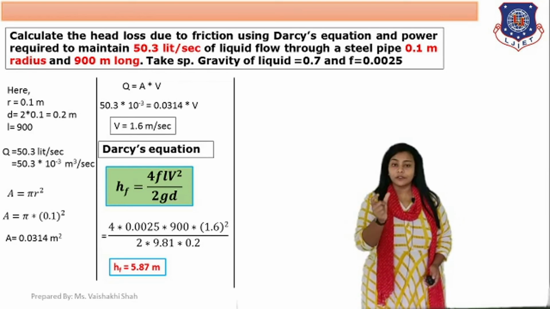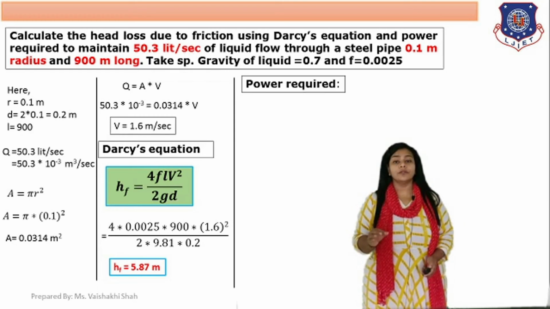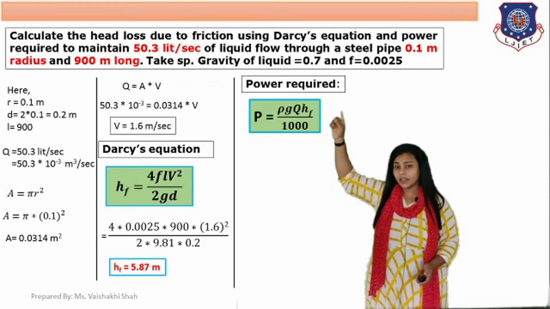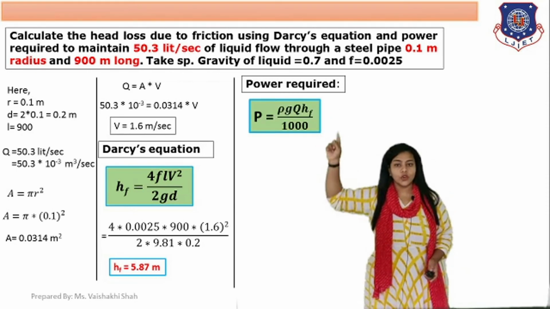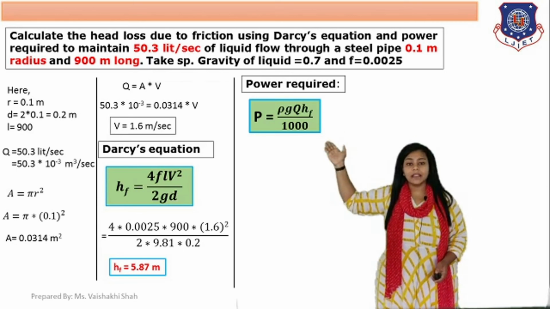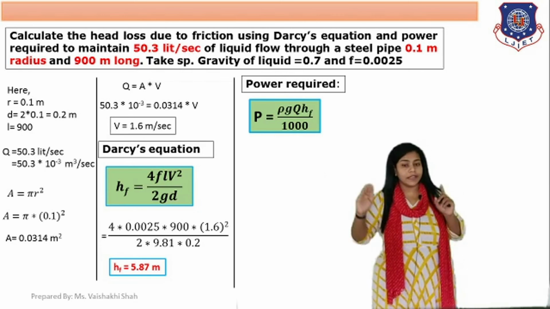Power required to maintain the flow. Now you have to remember the equation for this power required. Learn this equation: P equals rho into G into Q into HF divided by 1000. Remember this equation for solving.